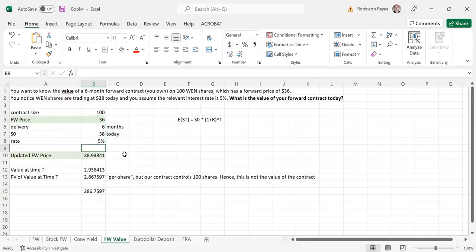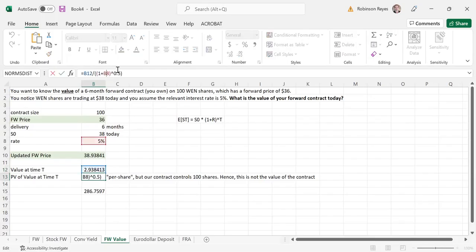So you will basically have a gain of 2.93 for each share of Wendy's. Now, that of course is happening 6 months from now, so we don't care about these gains happening then, because after learning about time value of money, we care about present value. So in terms of present value, this is 2.86.